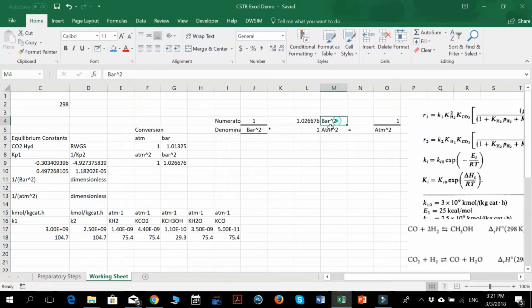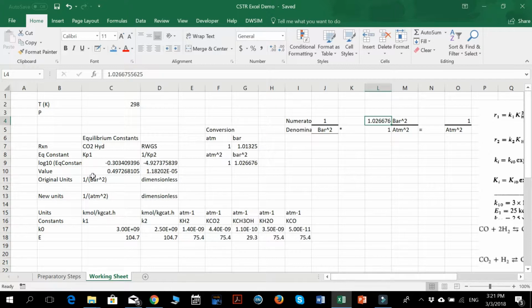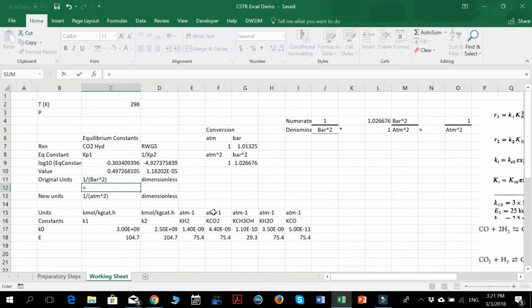So 1 bar squared to atmosphere squared, you just have to multiply by this much. Okay, so moving on, it will be equal to this value times 1.02226676.